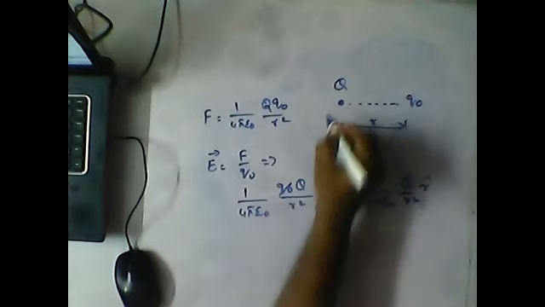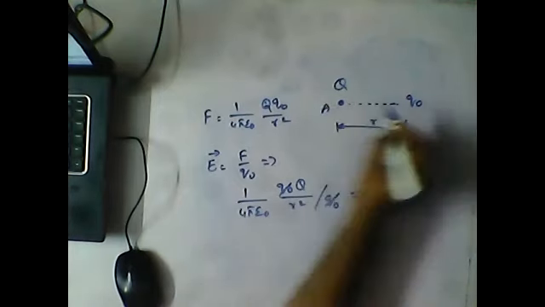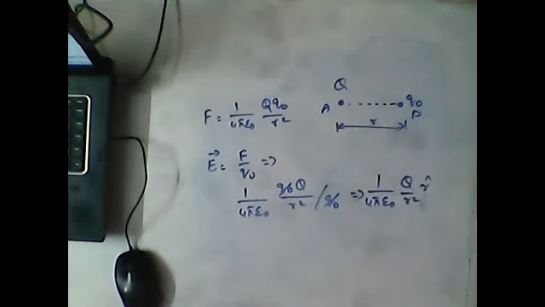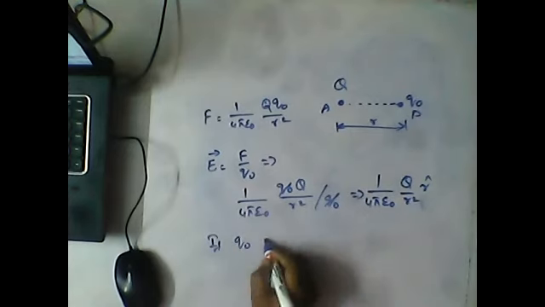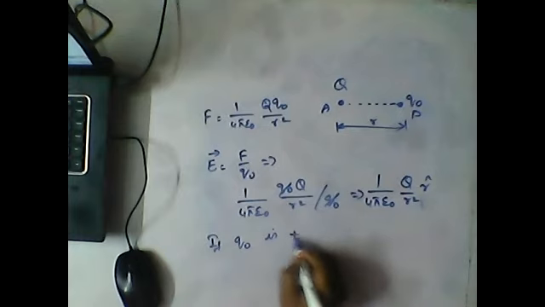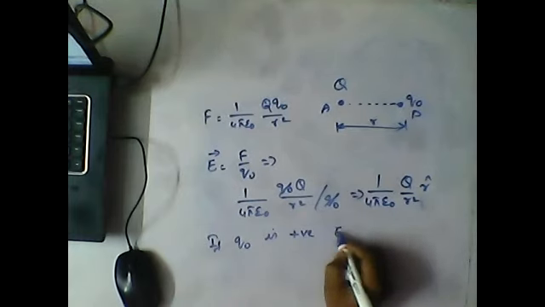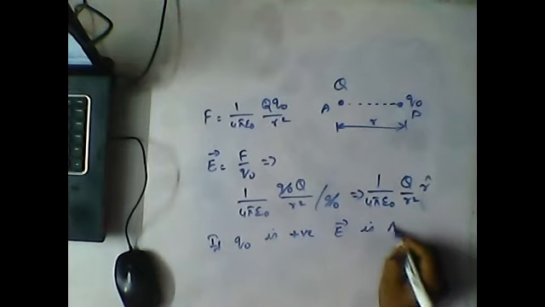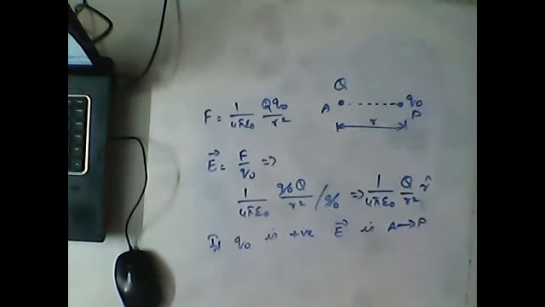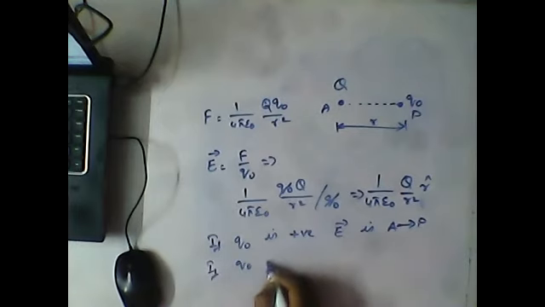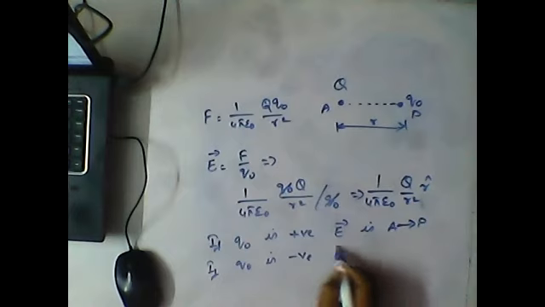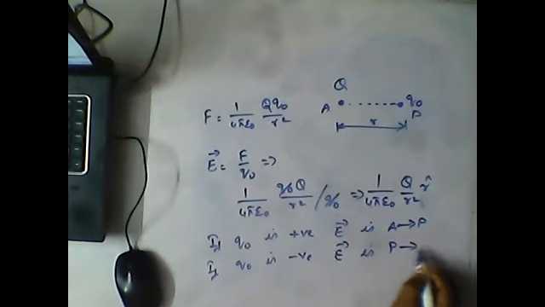So here, for example, this point is A, and this test charge is at P. If Q naught is positive, the direction of E bar is A to P. If Q naught is negative, E bar is P to A. That is opposite.